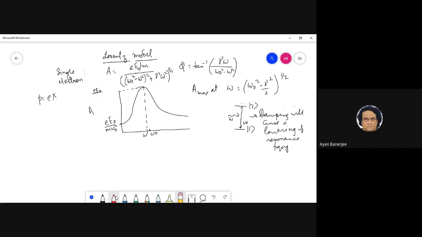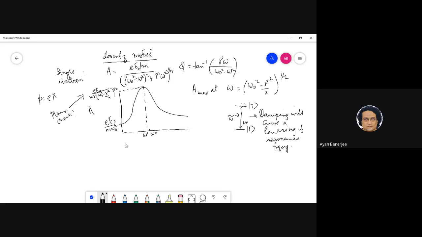Let me write: M gamma into the square root of omega naught square minus gamma square by 4. Please check. Okay.